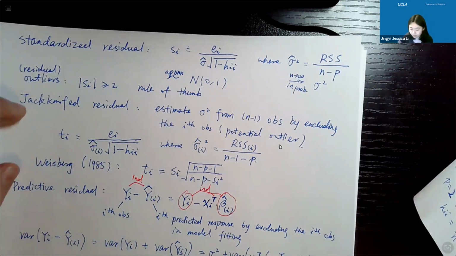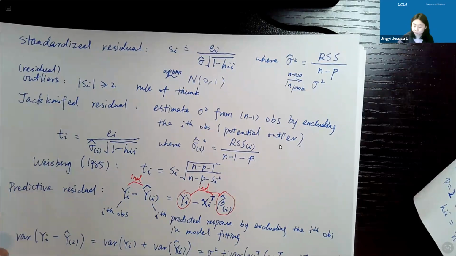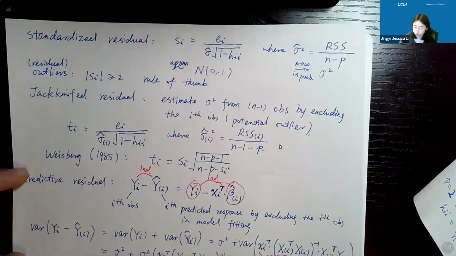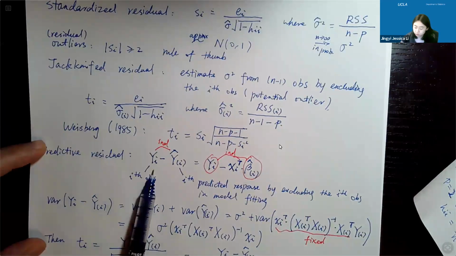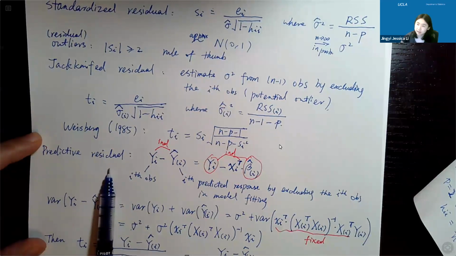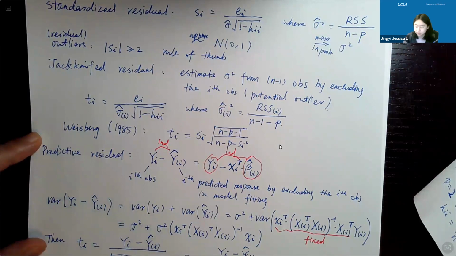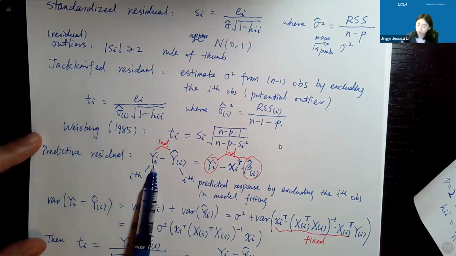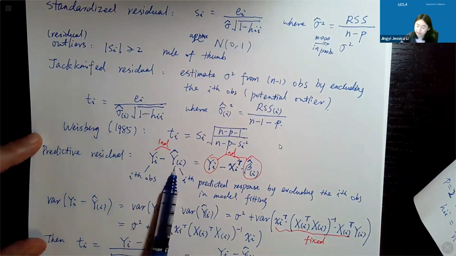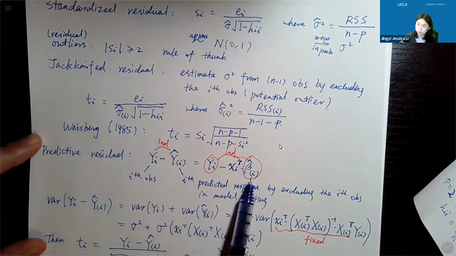And a parallel thinking is to use the so-called predictive residual. That is, we are not thinking about standardization from the regression that's fit to all data. We consider for every observation, we try to predict it by not using it in the model fitting.